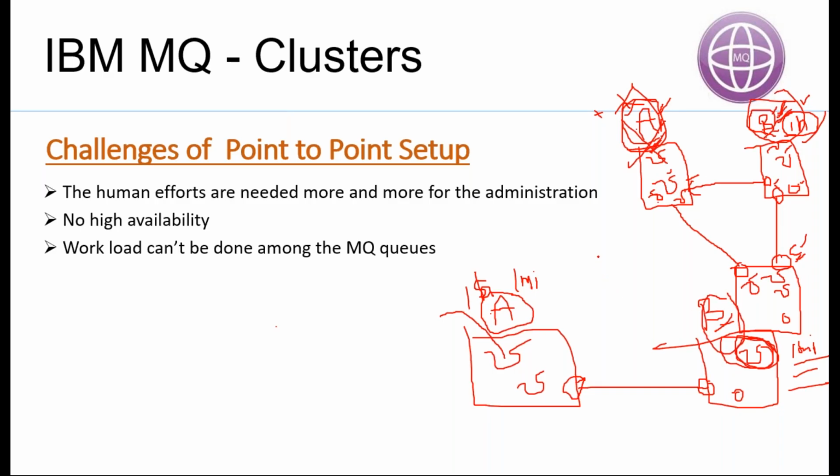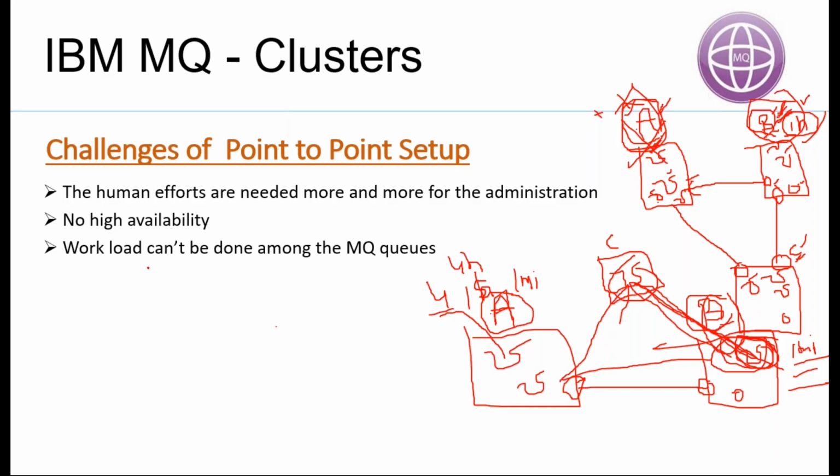But in case we have another queue manager, and there is workload balancing between the queue in queue manager B and a local queue in queue manager C, then if queue manager A is sending 4 million messages in 4 hours, 2 million will go to one and 2 million to the other. It means 50% will go here and another 50% will go there. With this architecture, you decrease the burden on queue manager B. This workload balancing cannot be done with the point-to-point setup. So all these are the main challenges in the point-to-point setup.